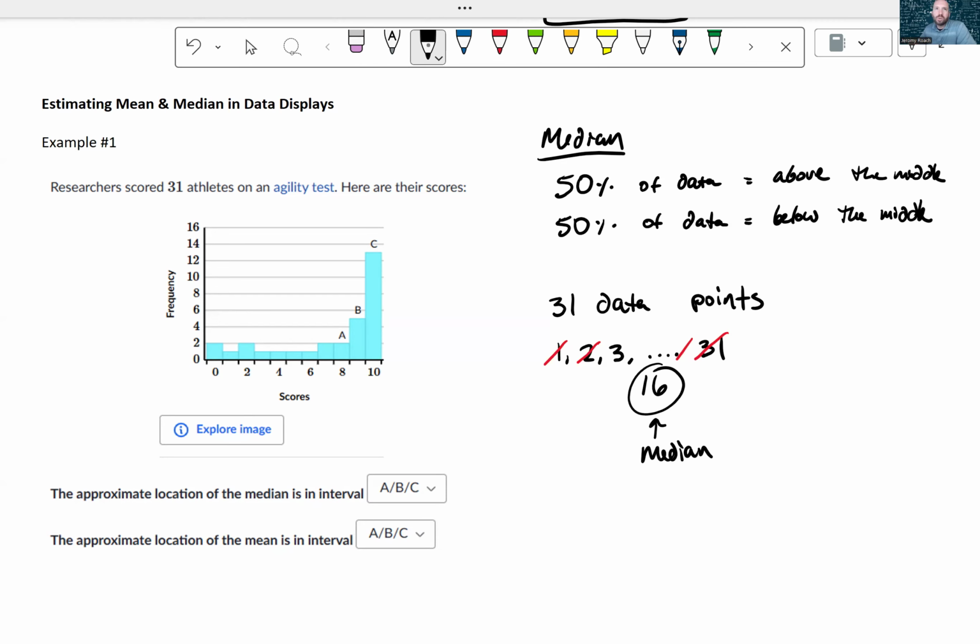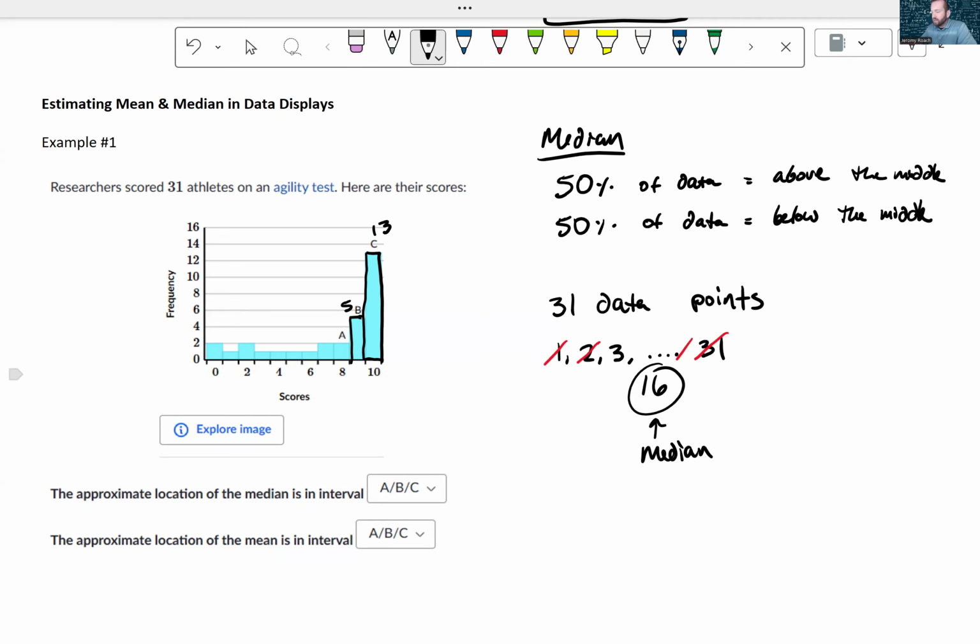For letter C, it looks like we're at 13. If we look at C, that's 13. And for B, that's at 5. And A is at 2.